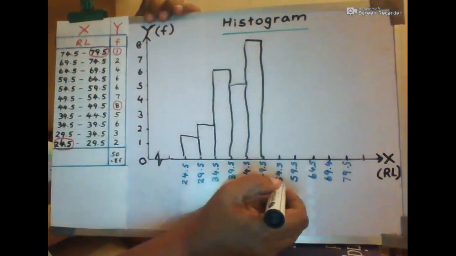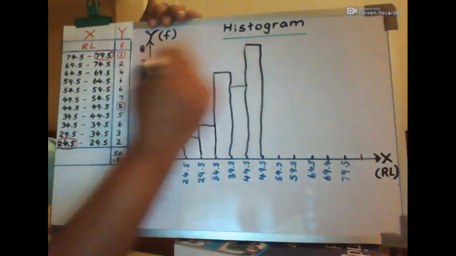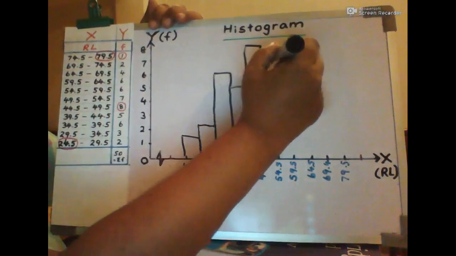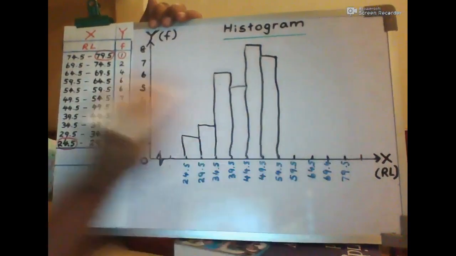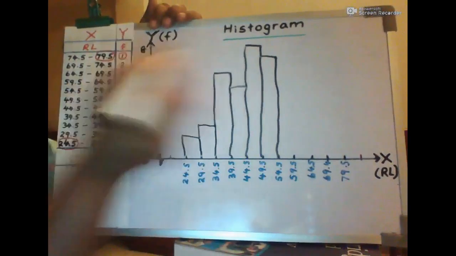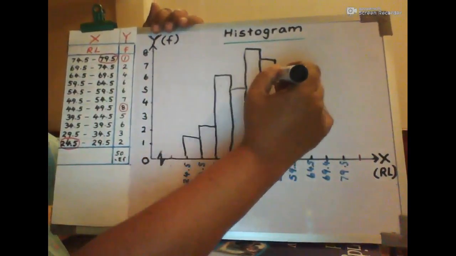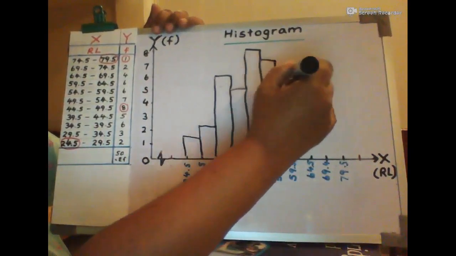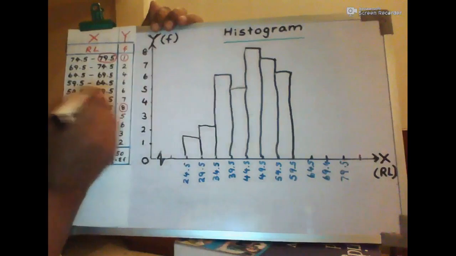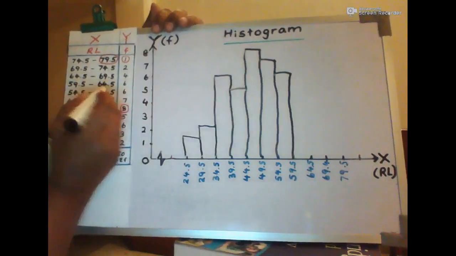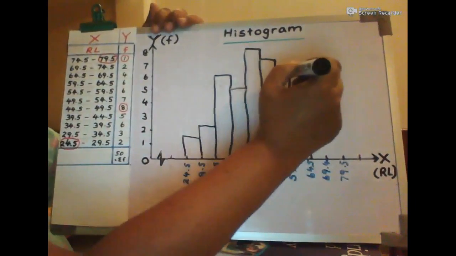49.5 to 54.5, 7. Where's 7? Here. 54.5 to 59.5, 6. Where's 6? Here. There's another value, 6. Then 59.5 to 64.5, that's 6. 2 values.